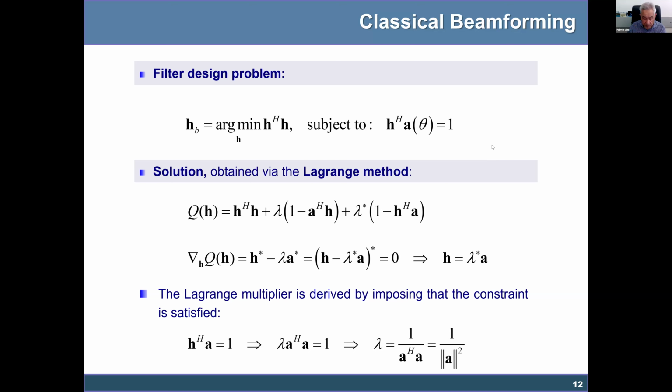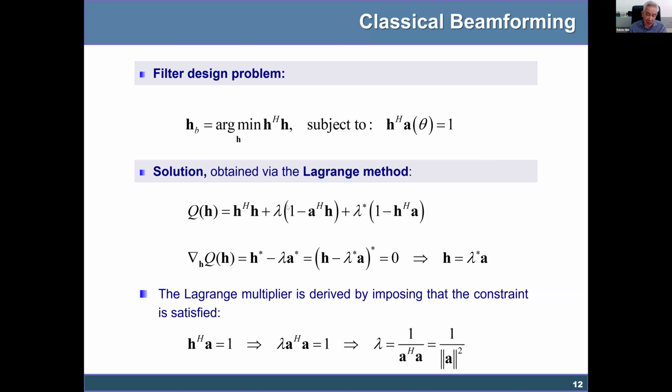Now, how do we solve this problem? I hope you are familiar with the Lagrange method, which is a method to solve an optimization problem with constraints. Now, we have one constraint, but because this constraint is complex, these quantities are complex valued, the constraint is written in this way.